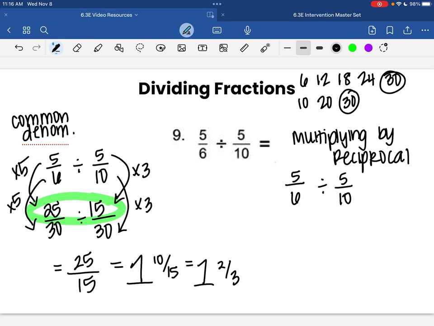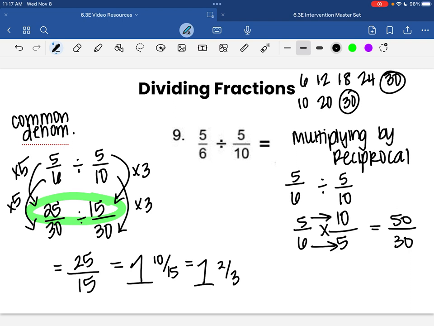So I would instead say that 5/6 multiplied by the reciprocal, or the flipped fraction, so that would become 10/5. And then I would just use my rules that I understand about multiplying fractions, where I multiply numerator times numerator to get 50, and denominator times denominator to get 30.